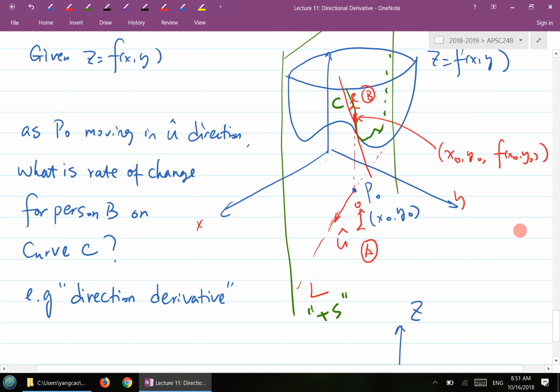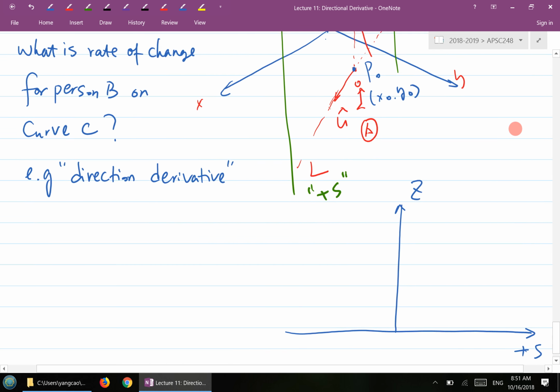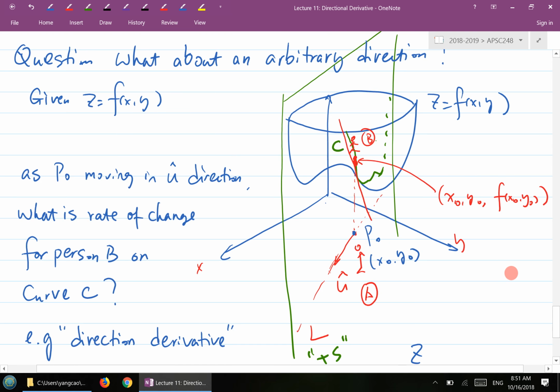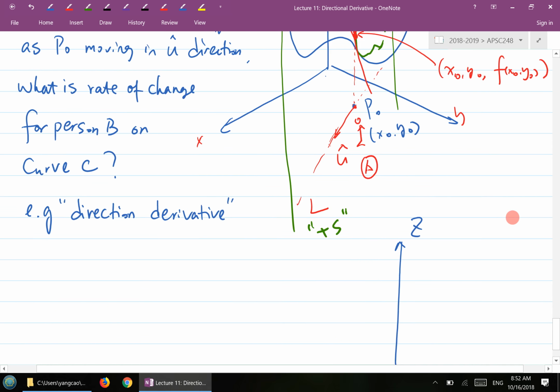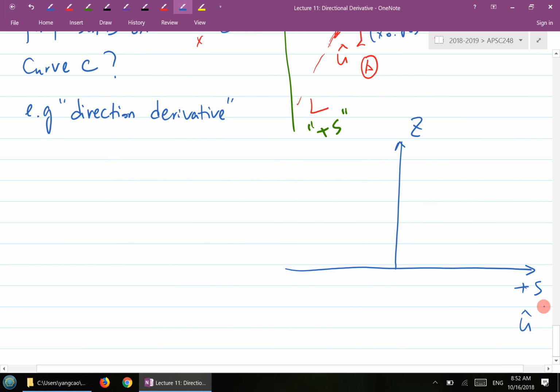Now if I wanted to plot that curve C into this coordinate system, guess which direction I should look at it from? Which side will give me the right perspective for Z and positive S?